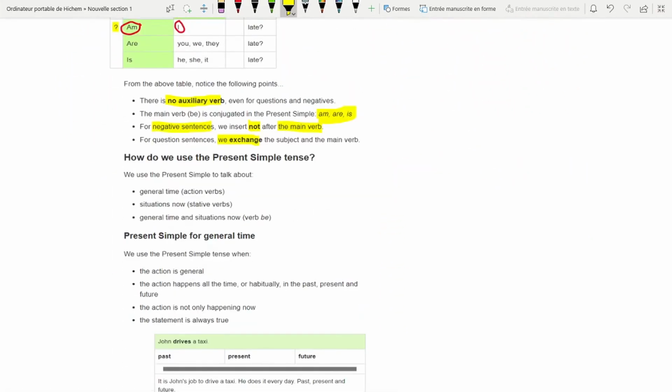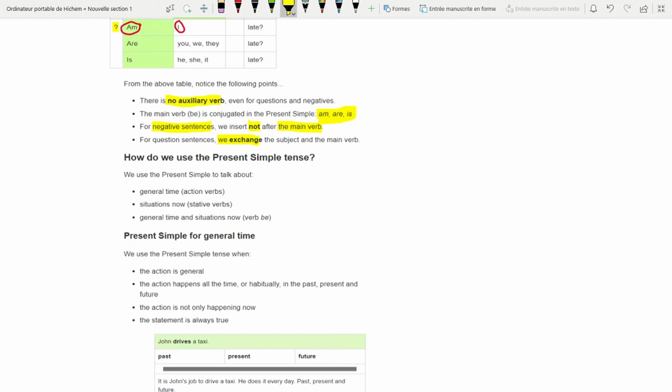Then how do we use the present simple tense? Okay, so a lot of you find it difficult to know when do I use a present simple, when do I use a present perfect, when do I use a present continuous, and so on and so forth. So today you are going to learn when do we use the present simple tense. Okay, so we have it for three purposes.